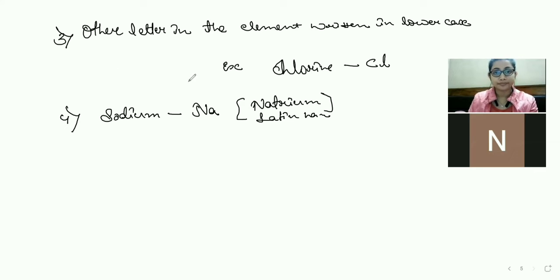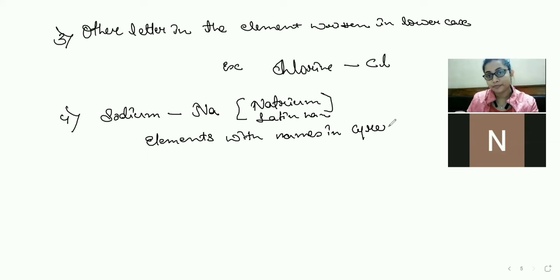Just write over here: elements with names in Greek and Latin. We have some similar examples. Like sodium, another example is potassium, that is K, and the Latin name is kalium.